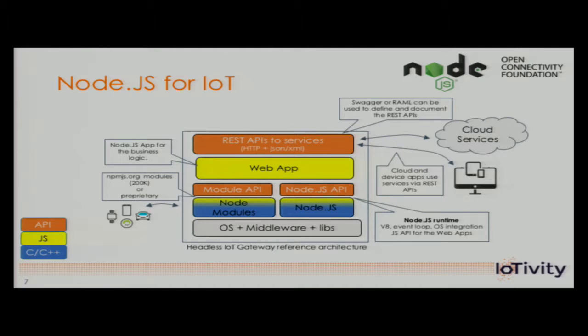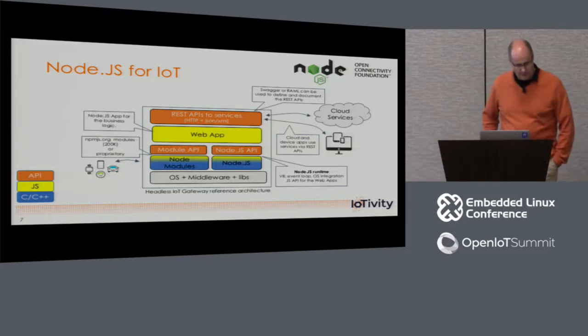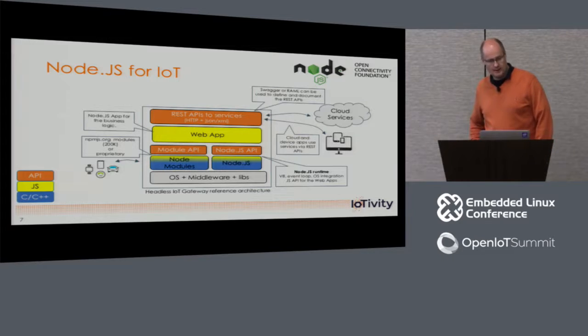The color coding is on the bottom left. Blue is C or C++ code, yellow is JavaScript, and orange stands for an API. Node.js itself is a mix of C++ and JavaScript. The API layer on top is JavaScript, and the actual core is C++.